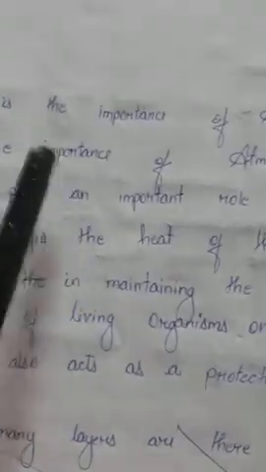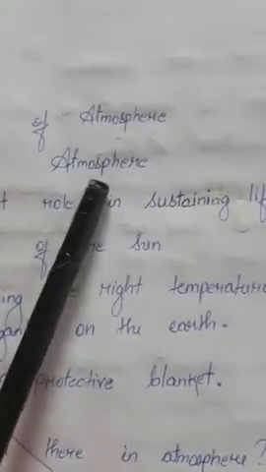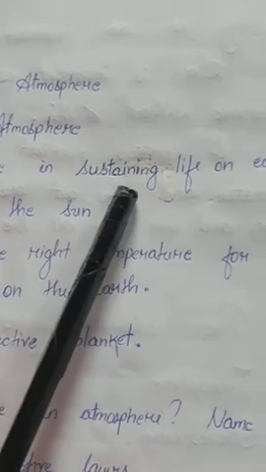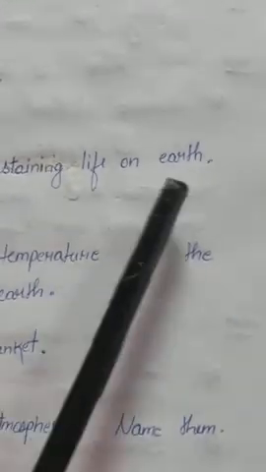One more question I want to give you, an extra question. What is the importance of the atmosphere? The answer: point A, it plays an important role in sustaining life on earth.